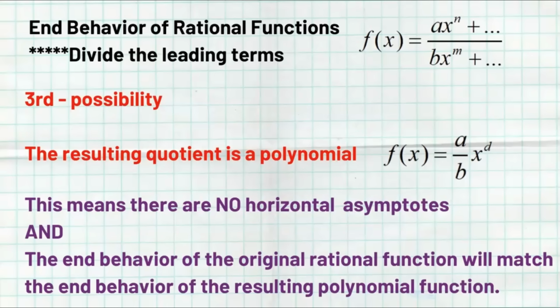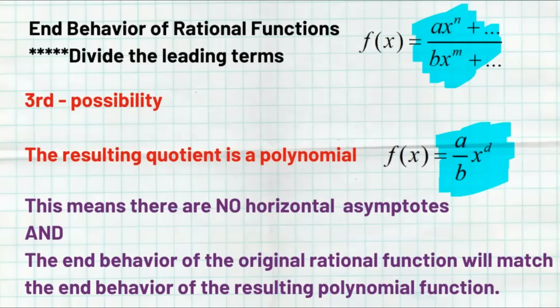And this tells us that the end behavior of the original rational function will match the end behavior of the resulting polynomial function. So then we got to go back to our rules about how to know the end behavior of a polynomial function: even degree, odd degree, positive or negative leading coefficient. Once you follow those rules, whatever the end behavior of this resulting polynomial function is going to be, that's the same end behavior for the original function.